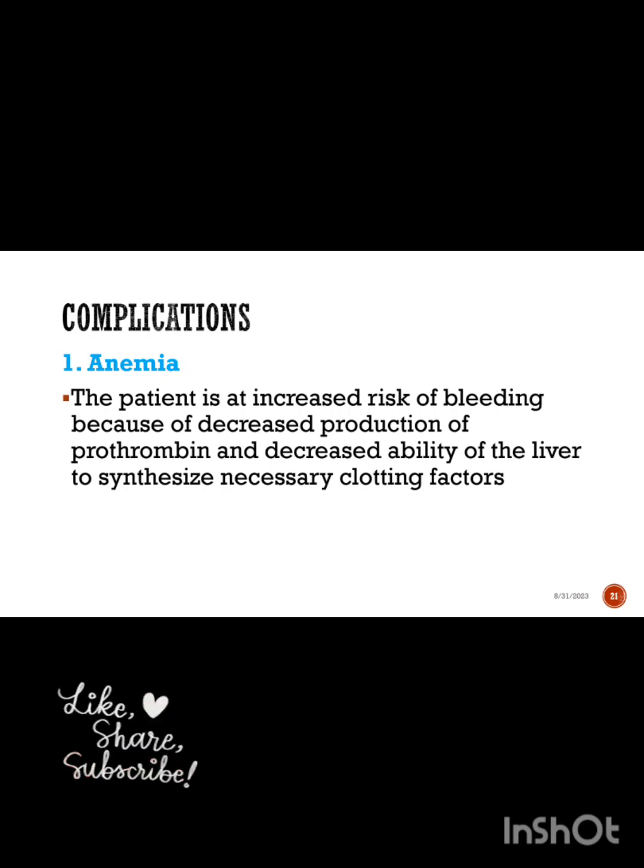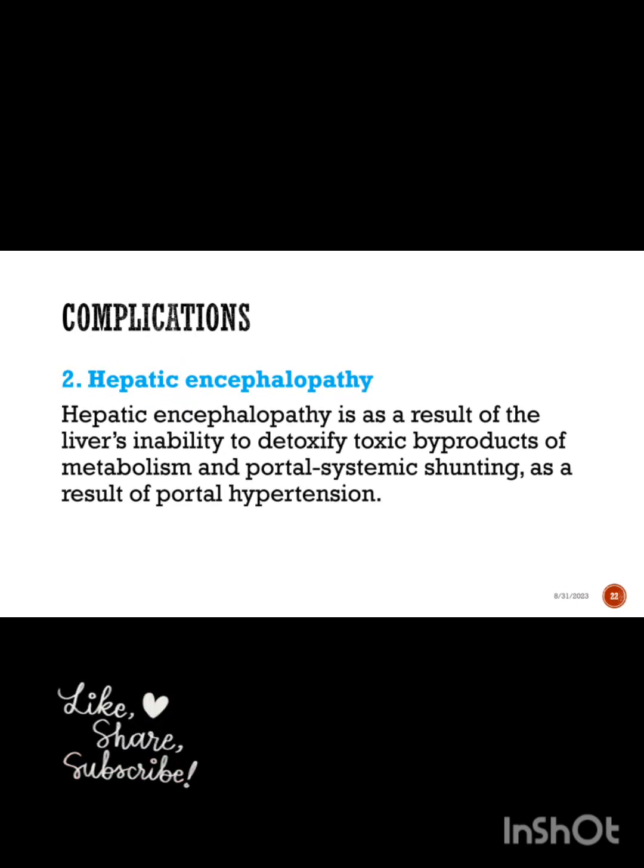And then they can also have hepatic encephalopathy. So we know that encephalopathy is to do with the brain, so this is as a result of the liver's inability to detoxify whatever is passing through it as the blood, and then causing toxic buildup. So this will lead to hepatic encephalopathy.